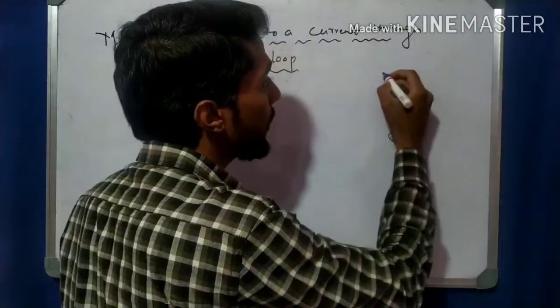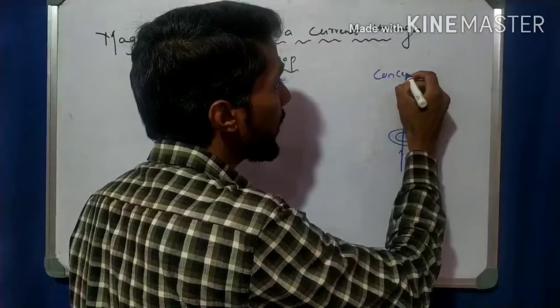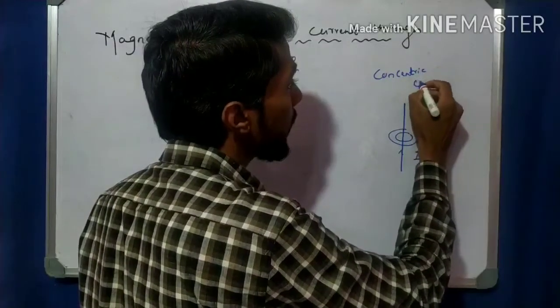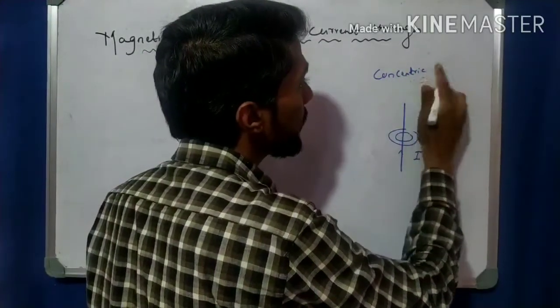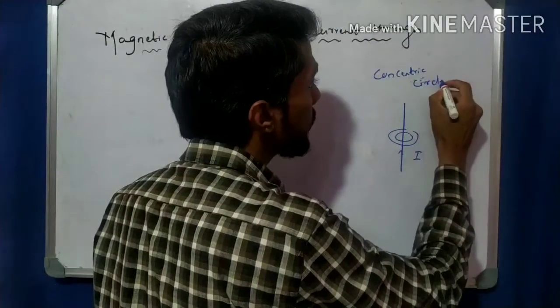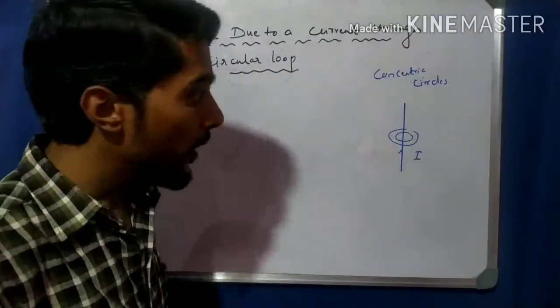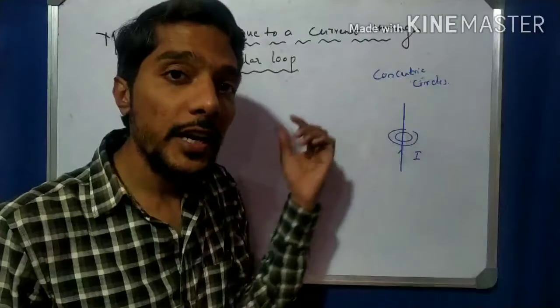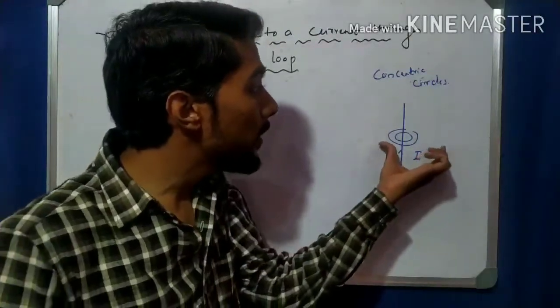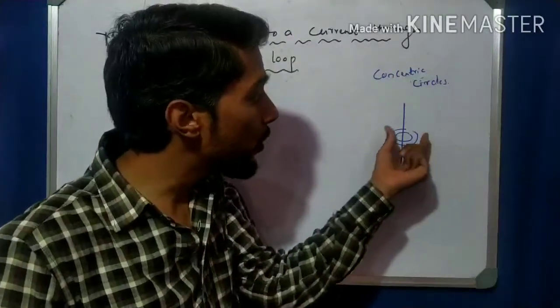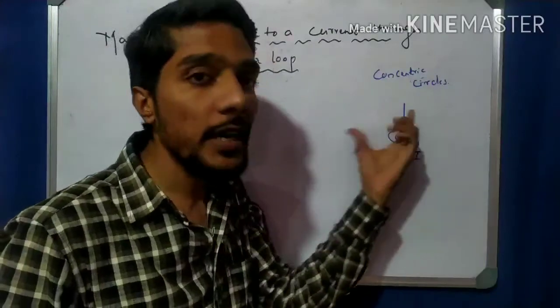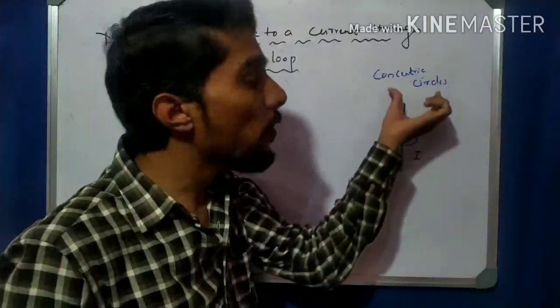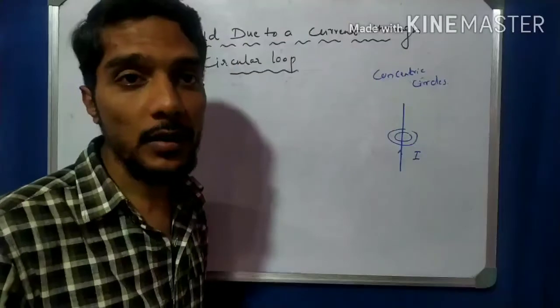That is a very important point. Whenever a current is passed through a straight conductor, there is an observation of the magnetic field around the conductor, and that magnetic field is in the form of concentric circles.